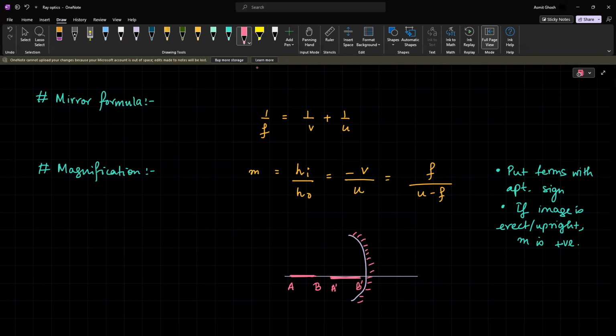So what should be the magnification of this? It should be the length of the image by the length of the object.